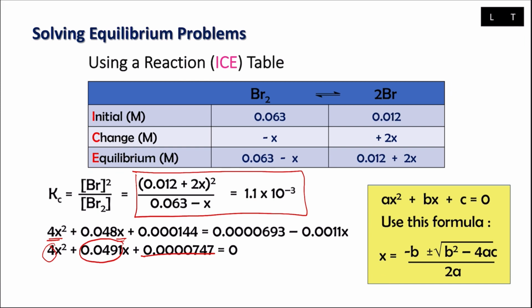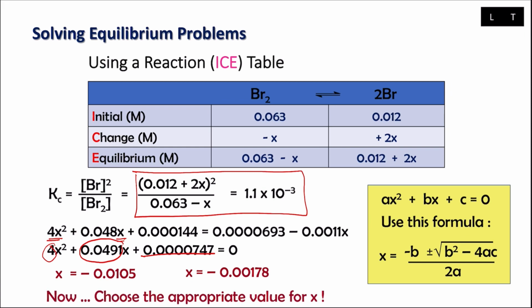Ataupun awak boleh terus masukkan value ini dalam calculator so that you will have the value for X in negative value. Jangan panik walaupun awak dapat negative value because we are going to choose the most suitable one for the value of X. So cara dia macam mana?